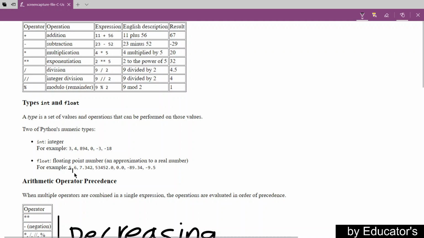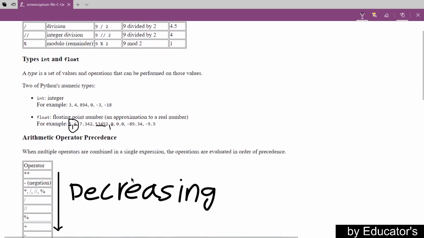This is the decimal point, and this is the floating part of this whole 5.6. Similarly here, this whole thing is the whole part. This is the decimal point, and this is the floating part, like that.